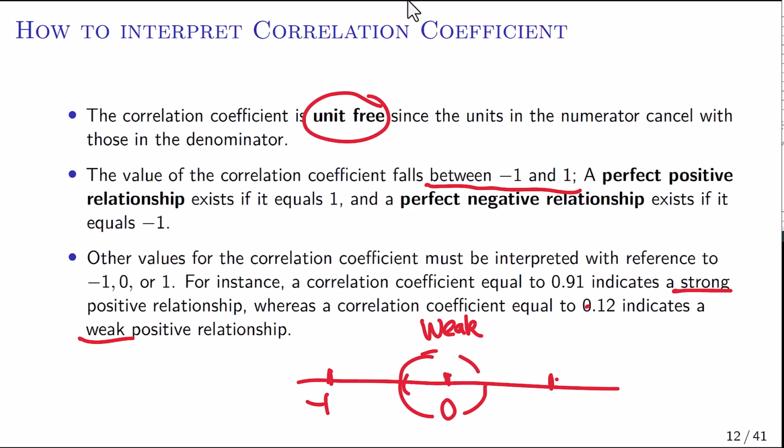But whenever the value is close to 1, that's a strong positive relationship. Whenever the value is closer to -1, that's a strong negative relationship. So here we could have a very clear-cut answer about whether the relationship is strong or not. This is the property which the sample covariance does not have.